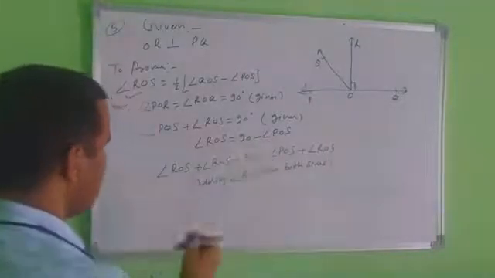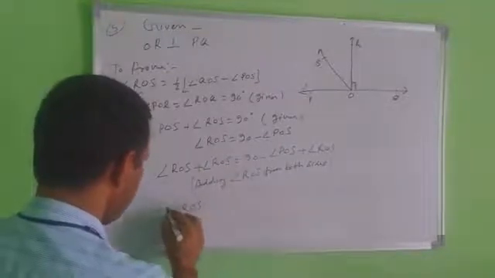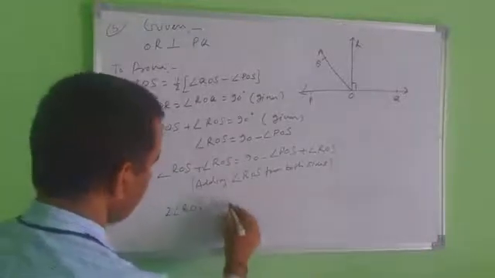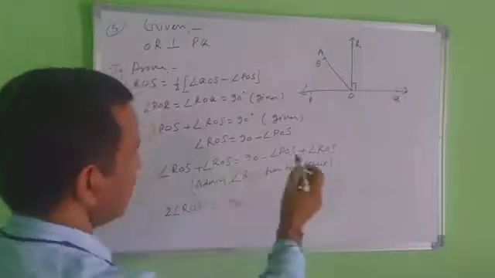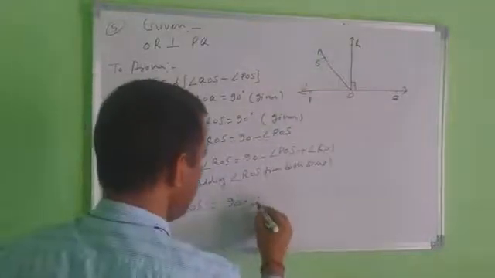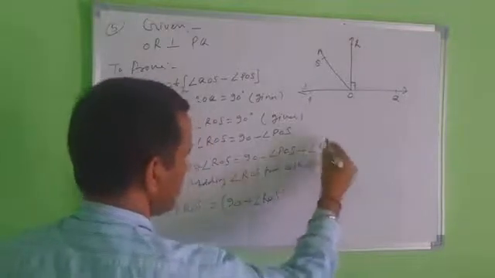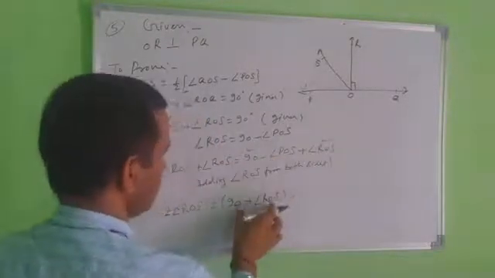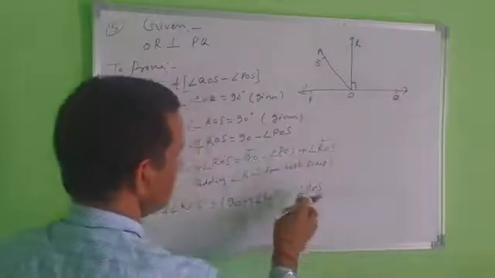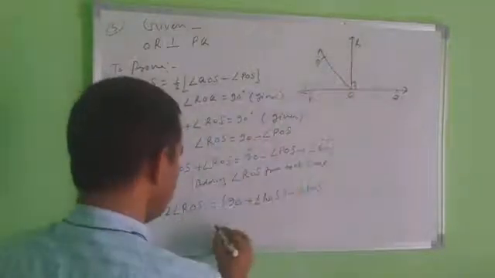After that, adding the two angles ROS on the left side gives 2 ROS, equal to 90 plus ROS minus angle POS. Now 90 plus ROS is the value of angle QOS, minus angle POS.